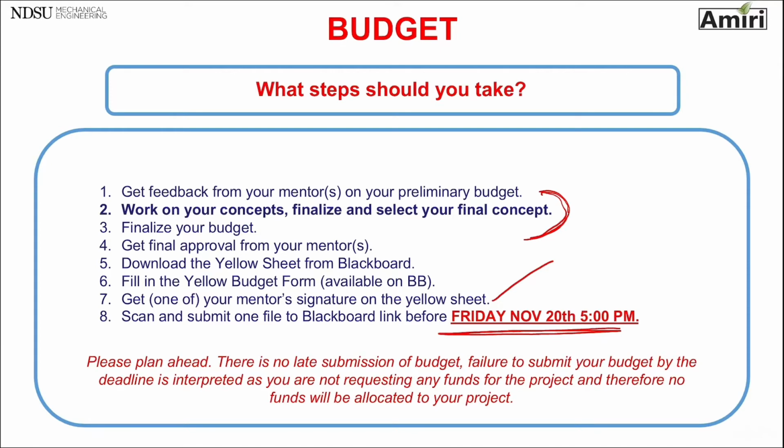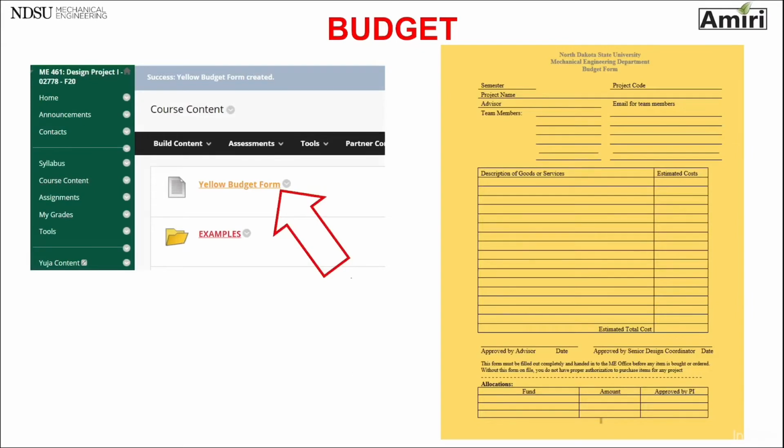Please plan ahead. The yellow form that I'm talking about is already on Blackboard under course content, yellow budget form. That's the first link you're going to see, and it looks something like this. Your team members need to fill out all the information here. This table needs to be filled. It doesn't have to include every bolt, every nut, every washer you buy.